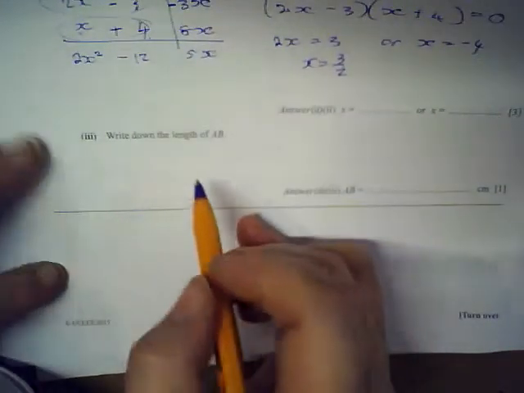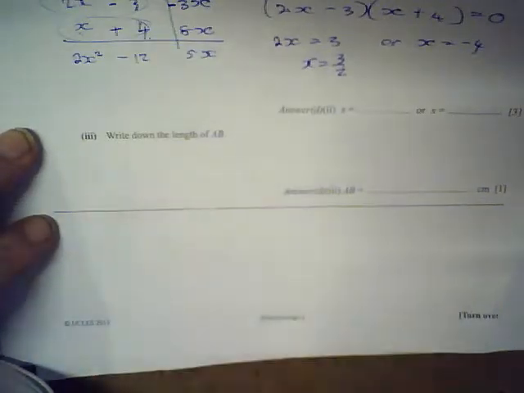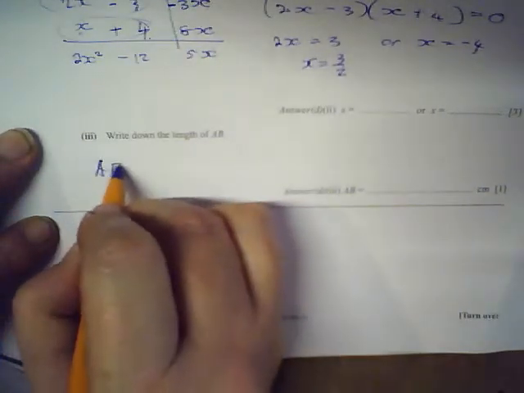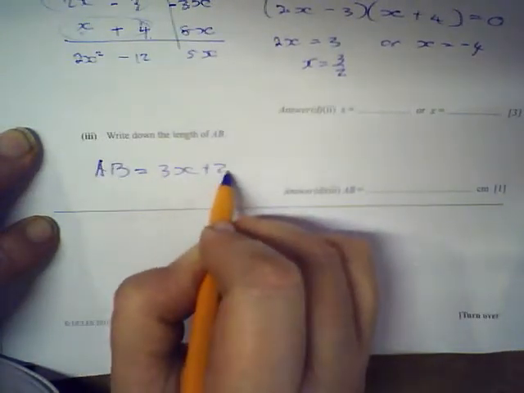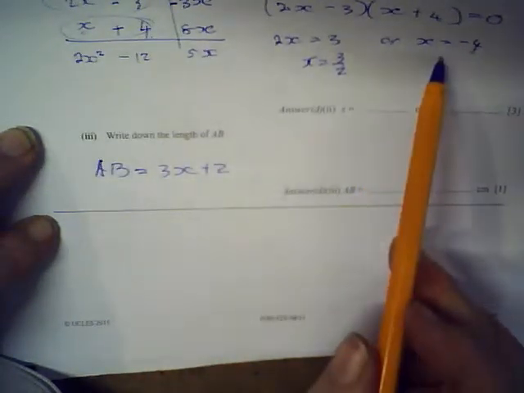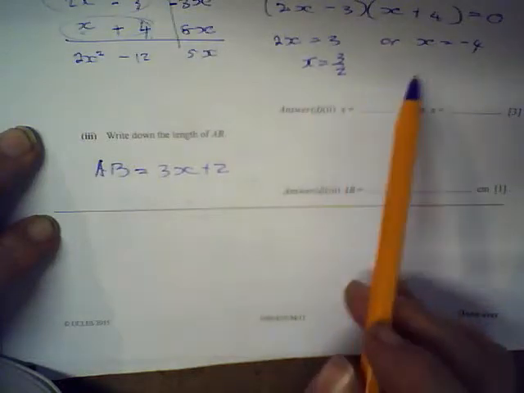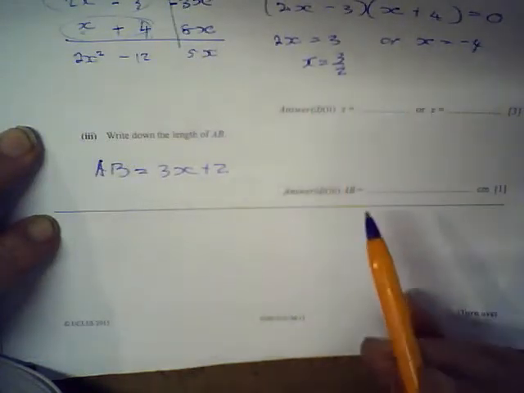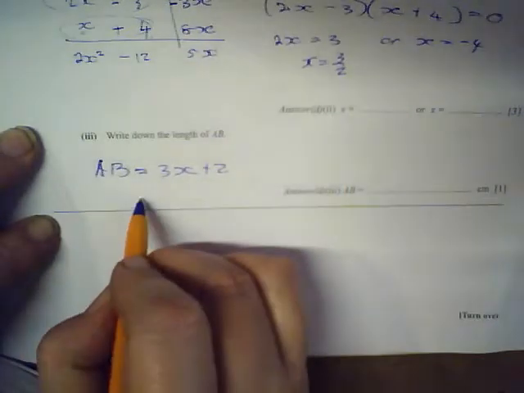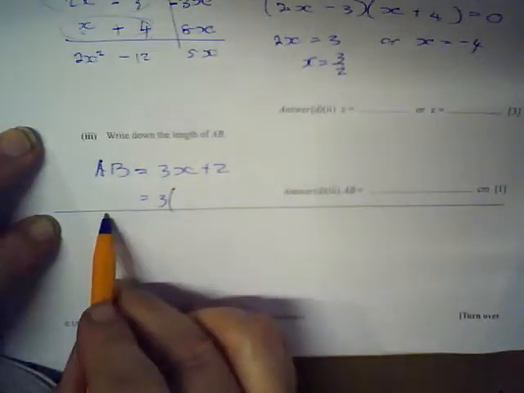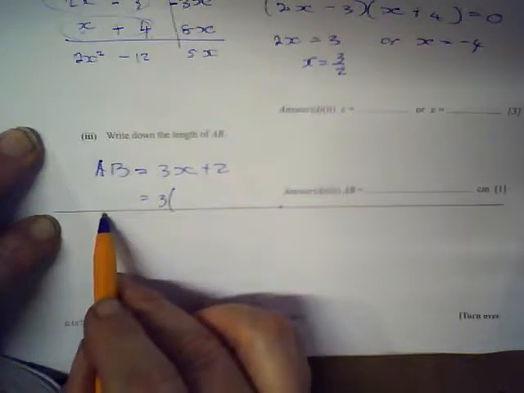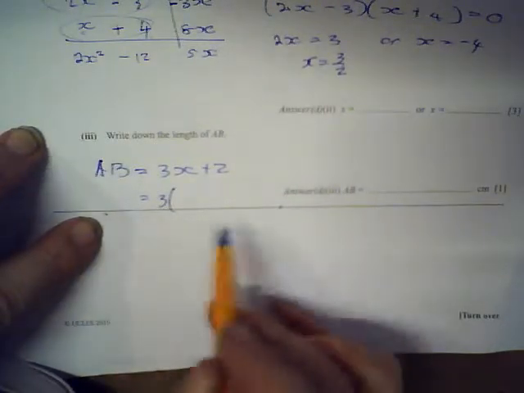Okay. Now they ask us to find the length of AB. Now AB equals 3x plus 2. So I've already found those values of x. Can a length be a negative number? No. So I'm going to use a positive number. Okay, if I measure something from here to there, or from there to there, it will still stay a positive number.